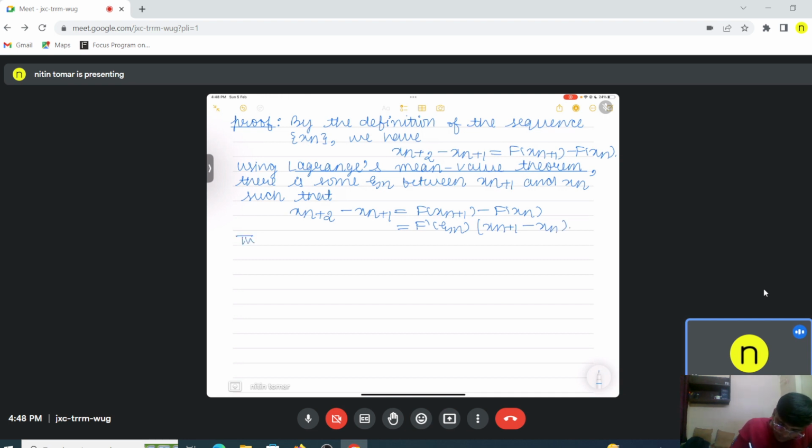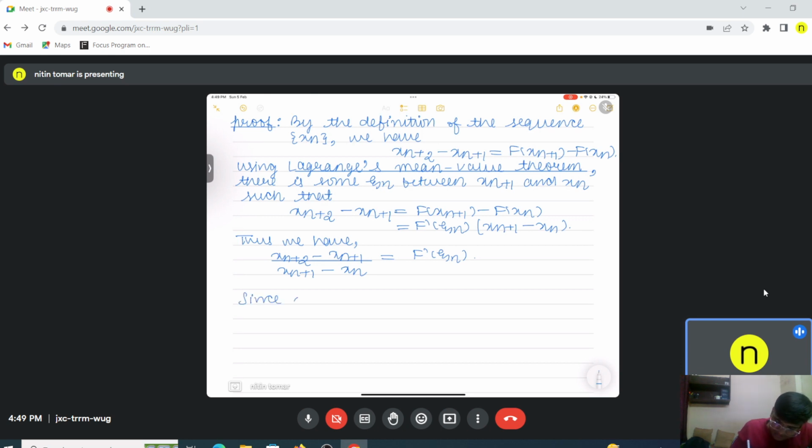Thus we have x_{n+2} minus x_{n+1} upon x_{n+1} minus x_n to be the same as f prime of xi_n.